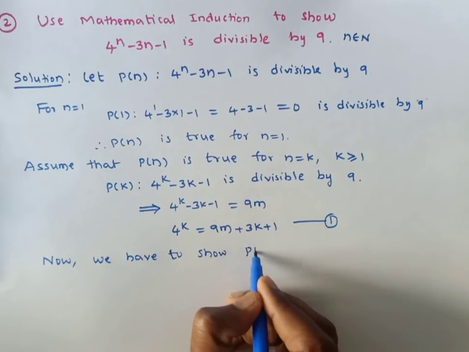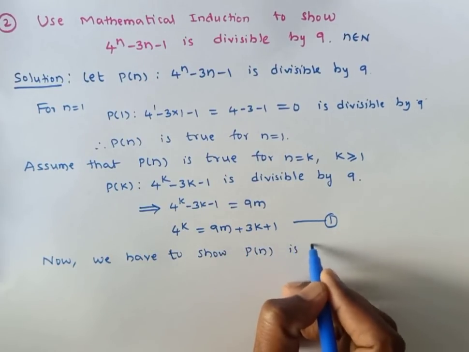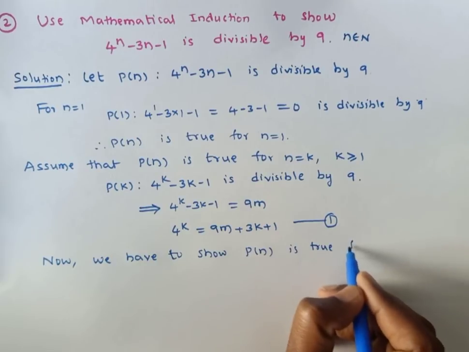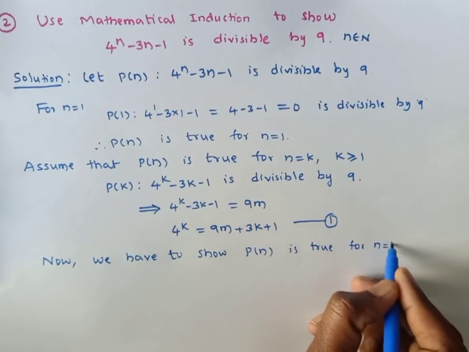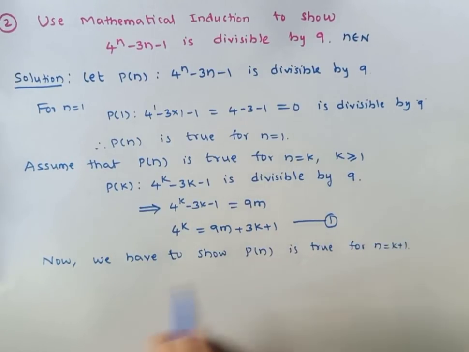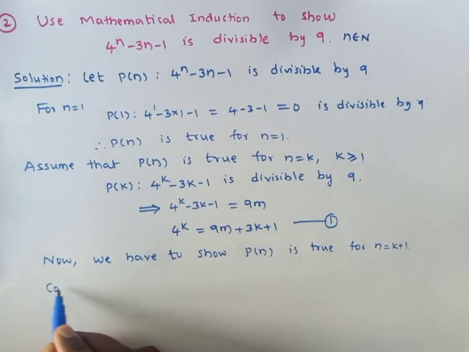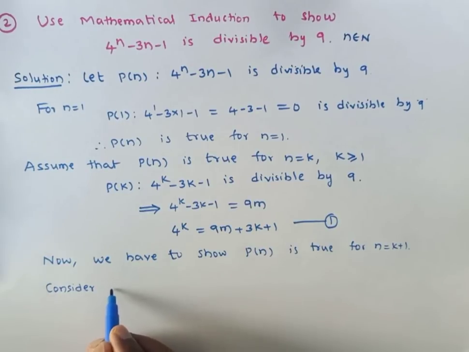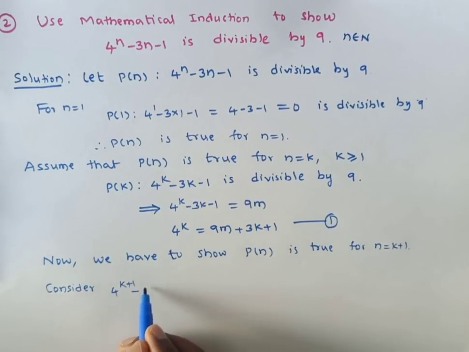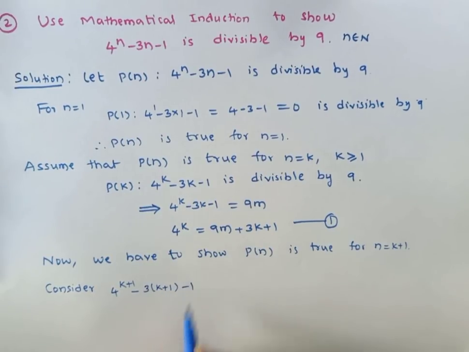Now we have to show P of n is true for n equals to k plus 1. So we need to consider the k plus 1th expression. Consider 4 to the power of k plus 1 minus 3 times of k plus 1 minus 1.